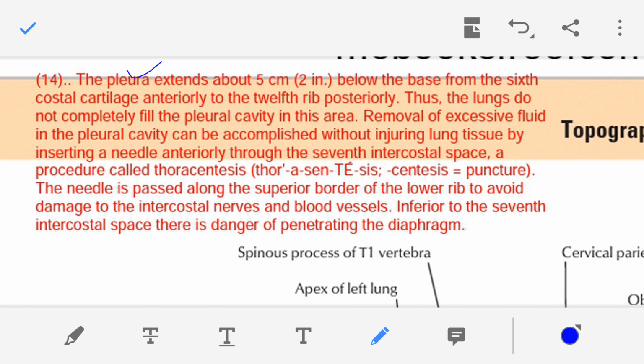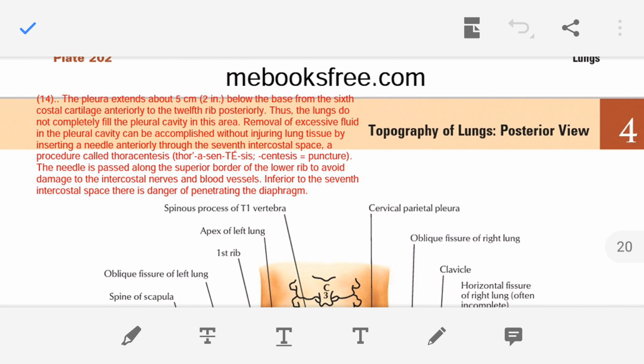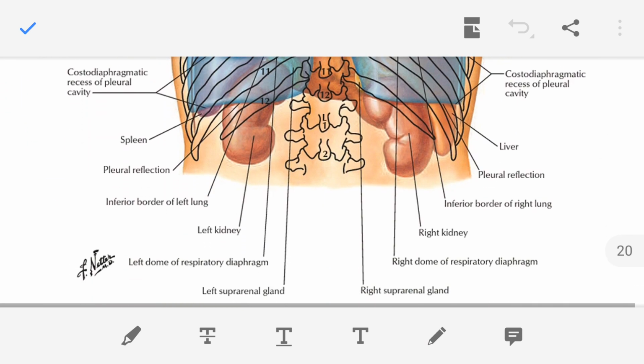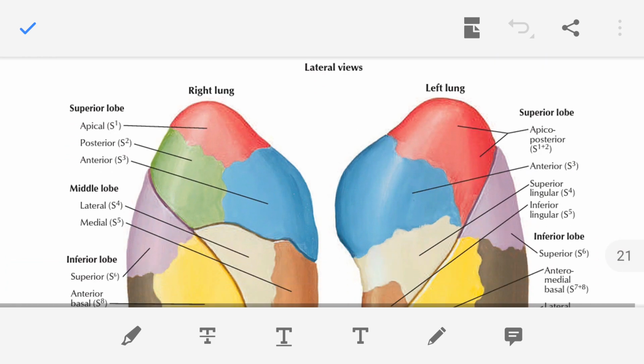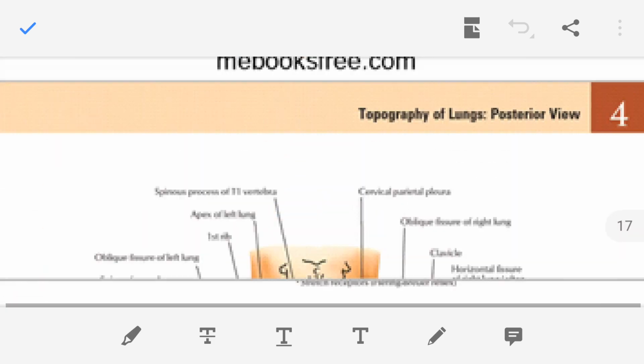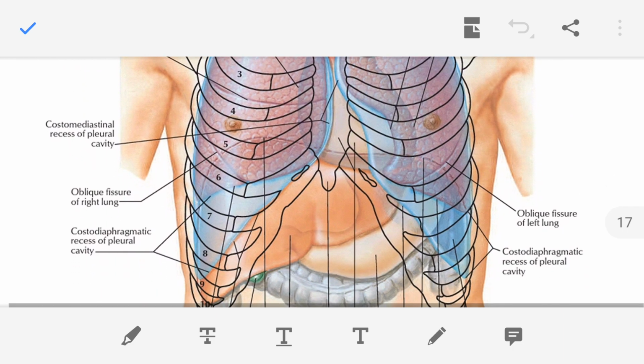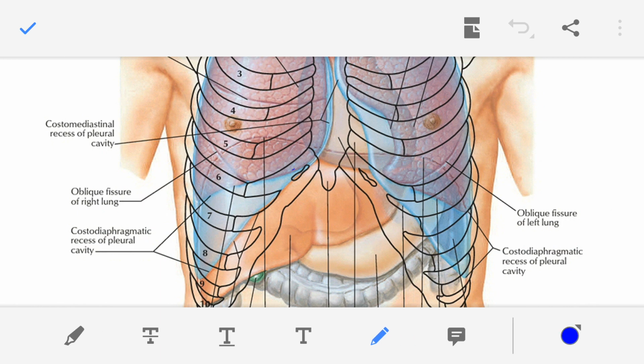Now the final point of this lecture, point number 14. The pleura extends about 5 centimeters below the base from the 6th costal cartilage anteriorly. In this figure, this is the sixth costal cartilage, and this one is the pleura.